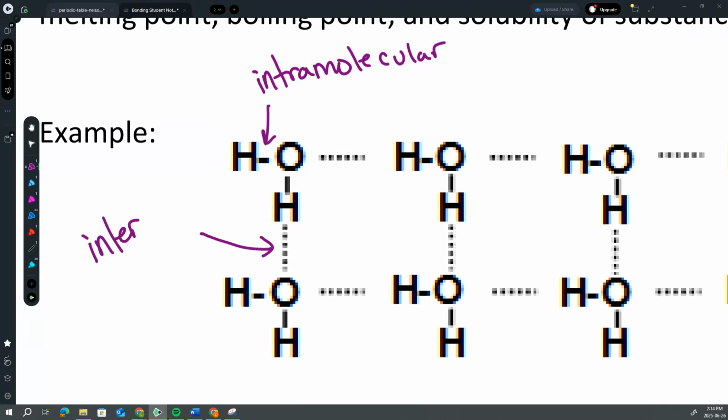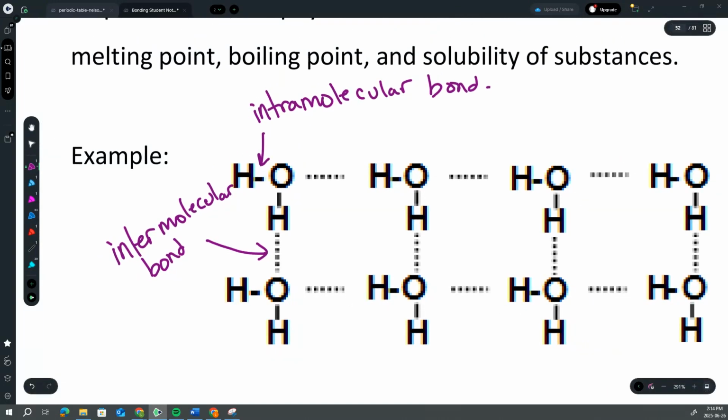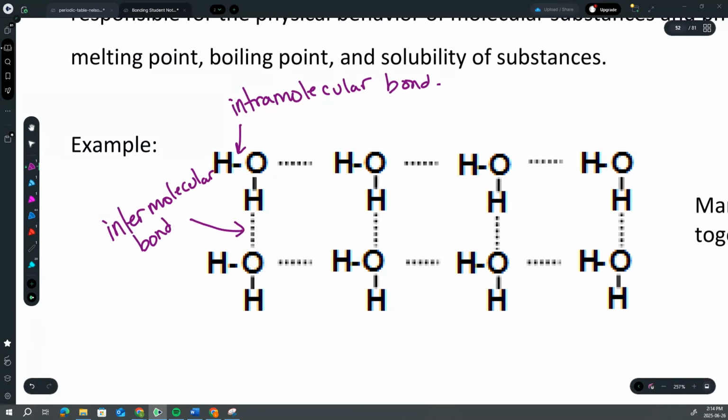And specifically, it's going to be hydrogen bonding, but we'll cover the three different types in a second here. So the main idea here is intramolecular bonds are within a compound or molecule, whereas intermolecular bonds happen between two different molecules.